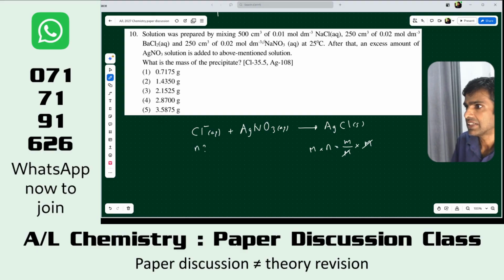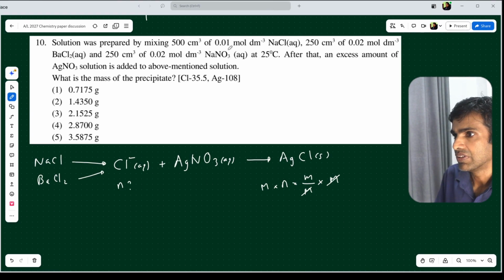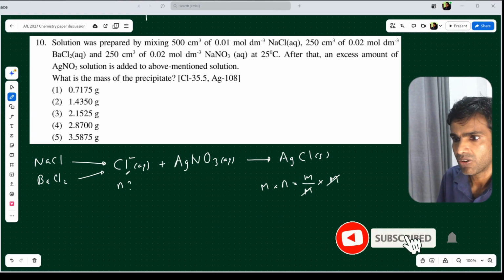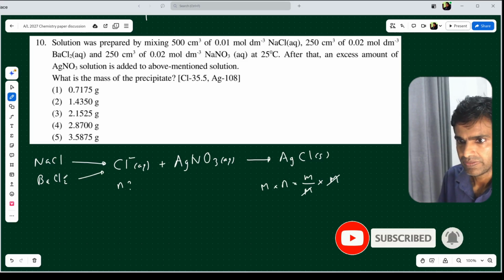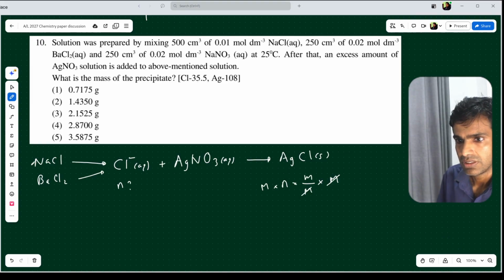So it's clear that chloride ions were released by both sodium chloride and barium chloride. Even though there is sodium nitrate, it doesn't release chloride ions, so we don't need to bother about sodium nitrate. To calculate the number of moles of chloride ions released by sodium chloride, we need the number of moles of sodium chloride.